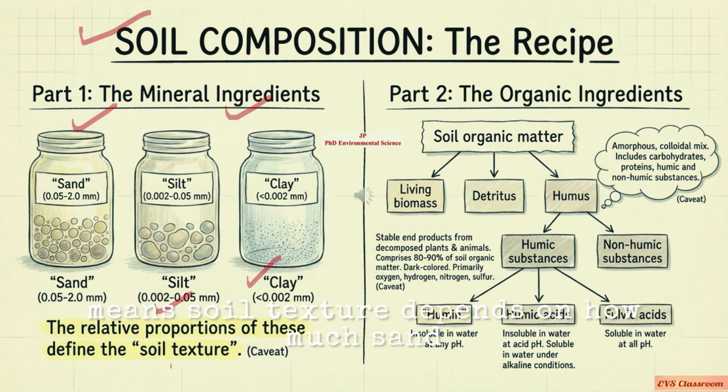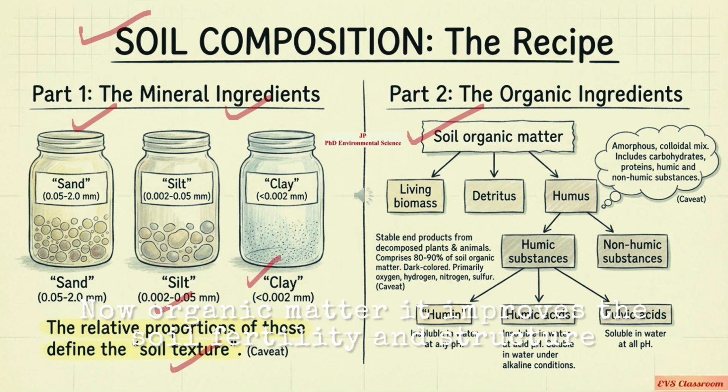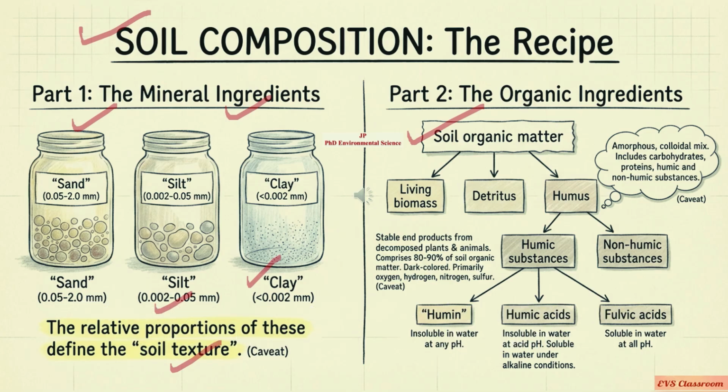Soil texture depends on how much sand, silt and clay are present, like sandy soil, clayey soil, loamy soil. Part 2, the organic ingredients. Soil organic matter improves soil fertility and structure. Living biomass includes bacteria, fungi, earthworms.